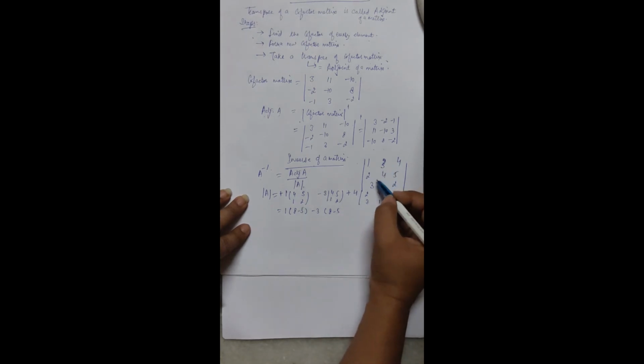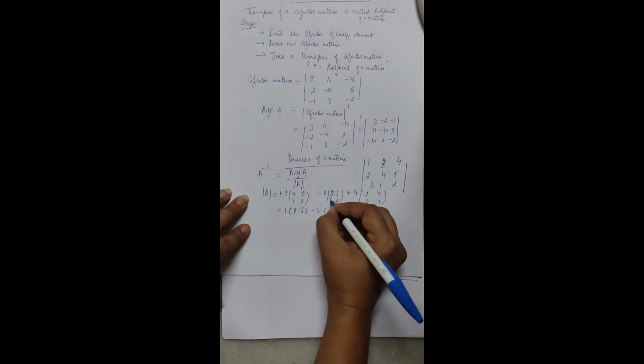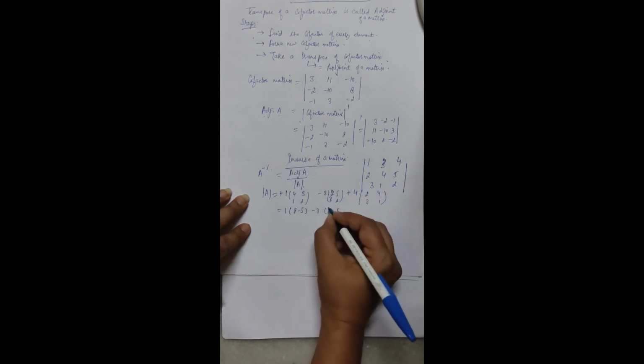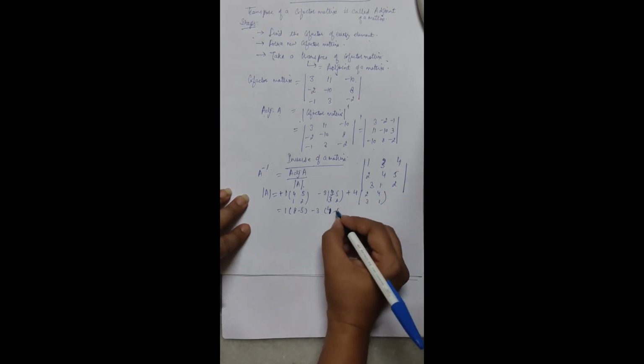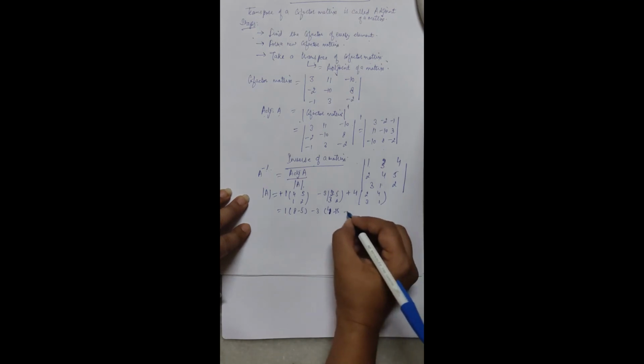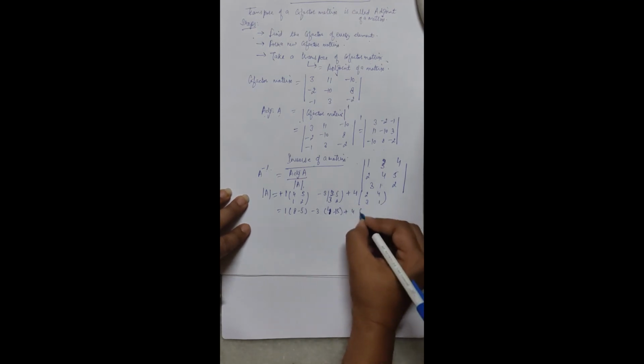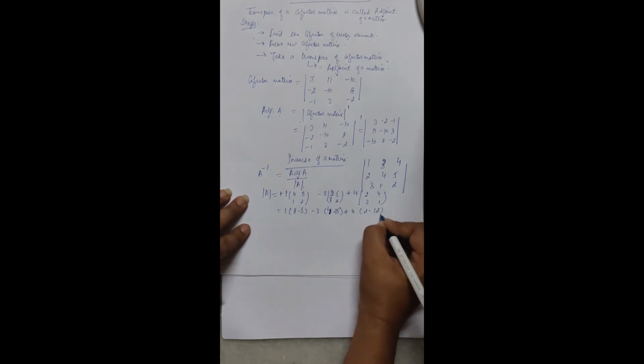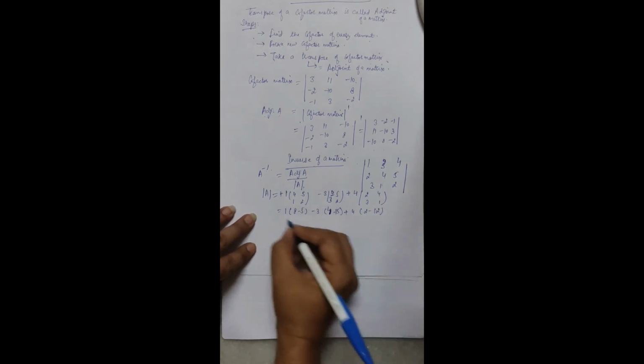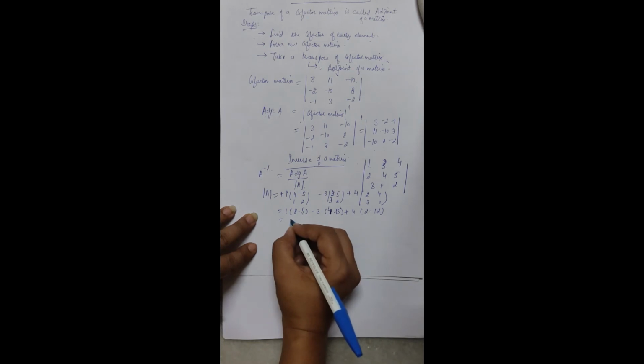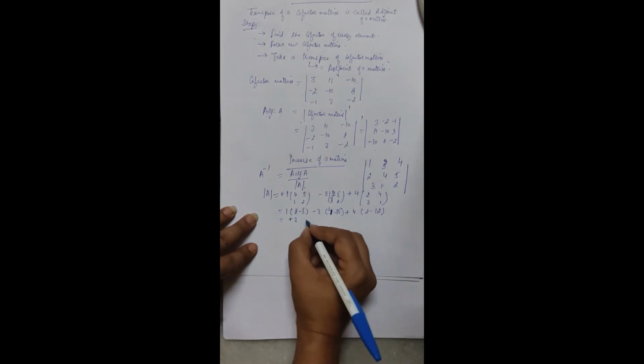Sorry, I have taken wrong. Here we have 2, 3, 5 and 2. Okay, so we have 4 and 50, right? So plus 4, 2 minus 12. Okay, so what I will get? 1 into plus 3, it comes to positive 3.